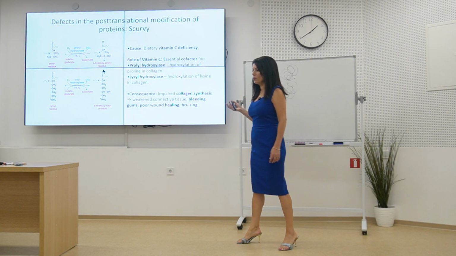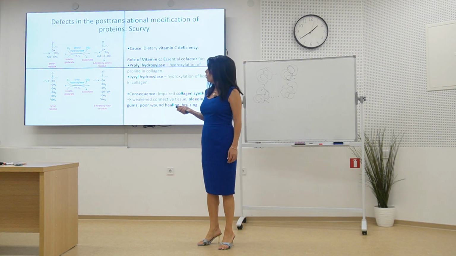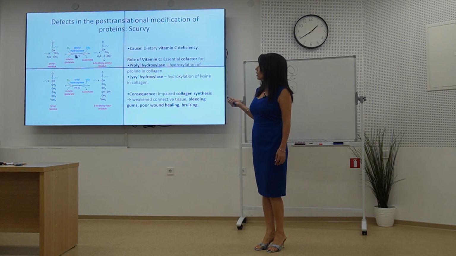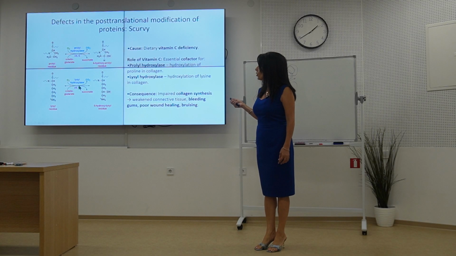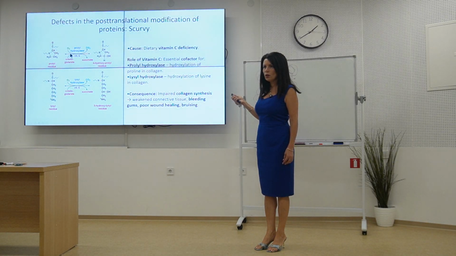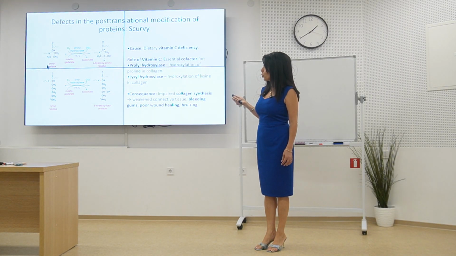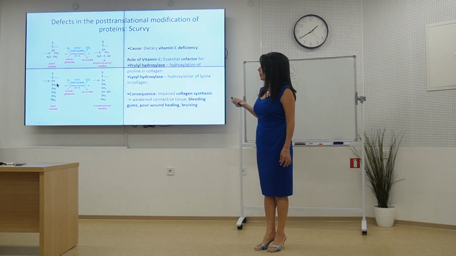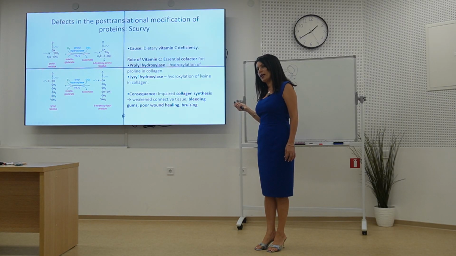It's one of the examples of a water-soluble vitamin, which is used as a cofactor of 2 hydroxylation reactions. The first one is a cofactor of prolyl hydroxylase enzyme, which hydroxylates proline to hydroxyproline. The second hydroxylates lysine to hydroxylysine.